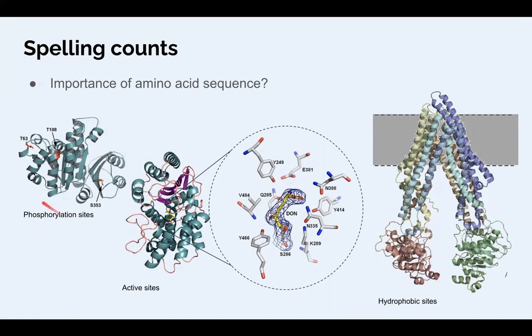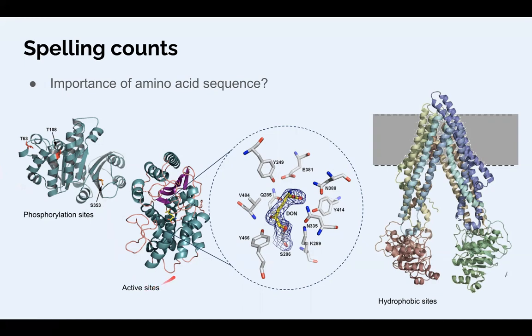And so these shown on this diagram are specific phosphorylation sites and the amino acids involved. So threonine 63, threonine 108, serine 353. Those are, in this molecule, very important amino acids relative to the rest of the amino acids. So if those got mutated, that would be a big effect, preventing that molecule from being phosphorylated at those sites.